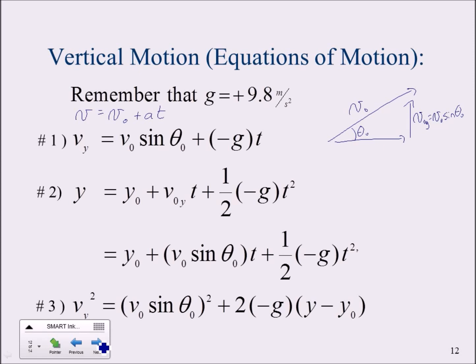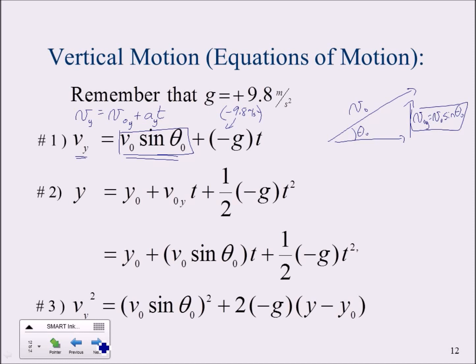But now, because we're looking at the y motion, this becomes vy, this becomes v0y, this becomes ay. So we have that the y component of the velocity equals the initial y velocity. Again, this is this y component of the initial velocity plus negative 9.8 meters per second squared times t. So negative g is negative 9.8.